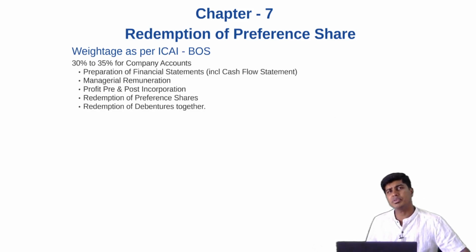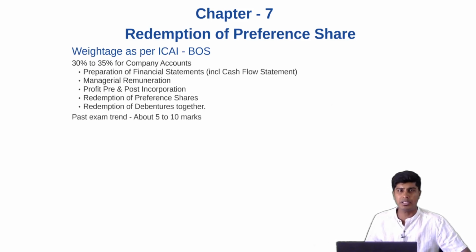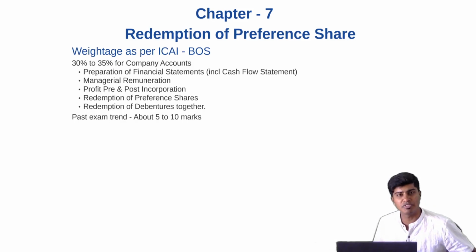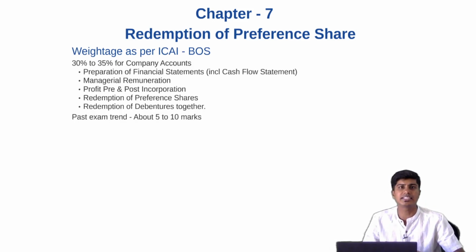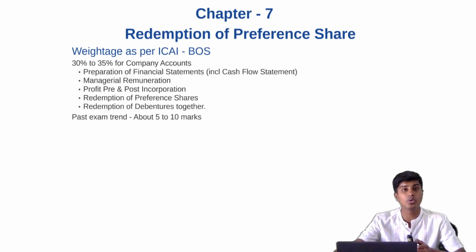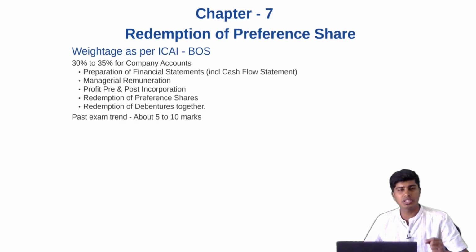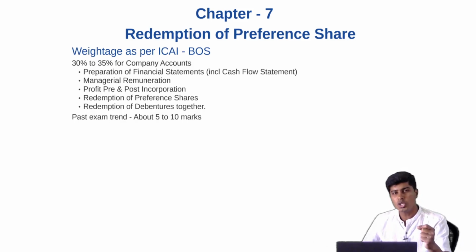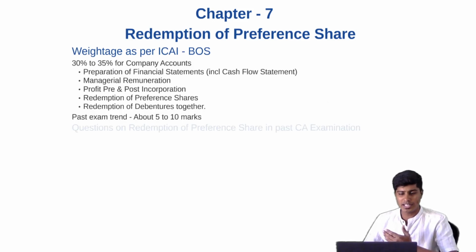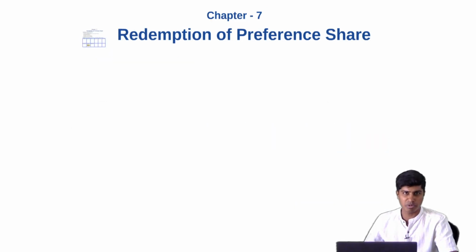However, the past examination trend says that you can expect about 5 to 10 marks from this chapter, and not just that, this part, redemption of preference shares, will get included in several other topics like your cash flow statement or financial statement or even redemption of debentures. Even in the topics relating to internal reconstruction, you can have an adjustment coming from redemption of preference shares. So let's get started with redemption of preference shares.